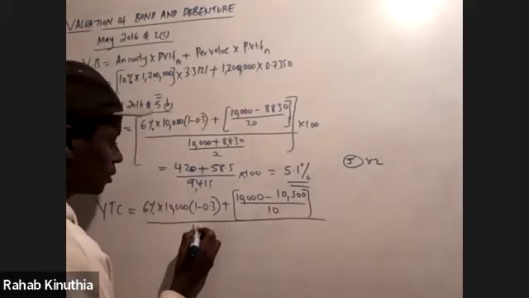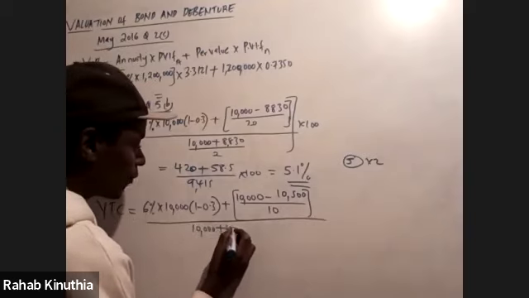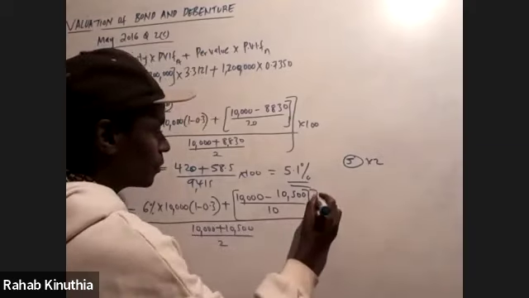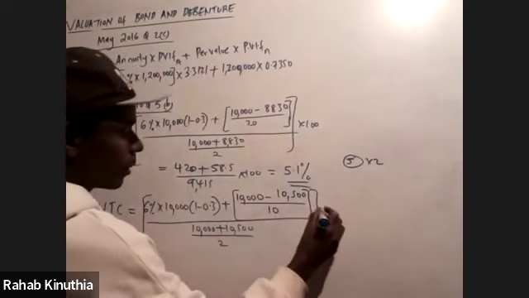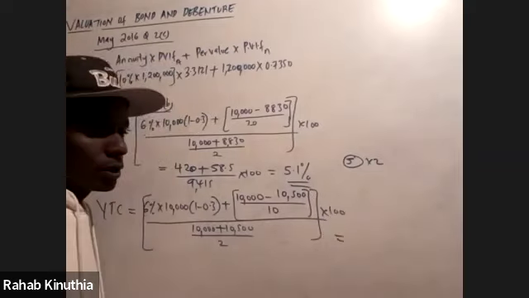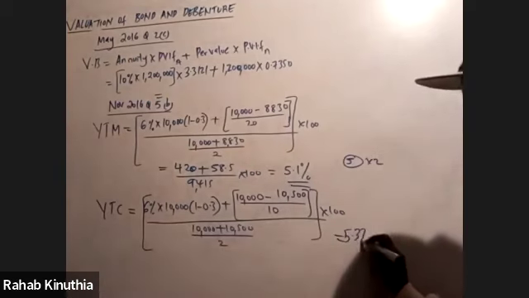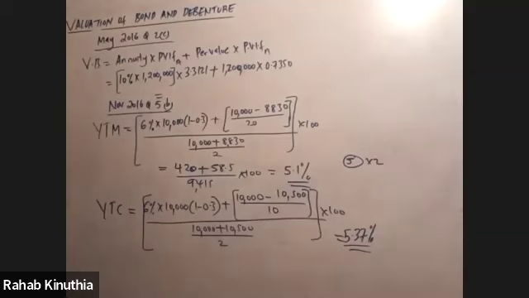Then 10,000 plus 10,500 divided by 2, and everything multiplied by 100. I think that one is fine. My answer was 5.37%.